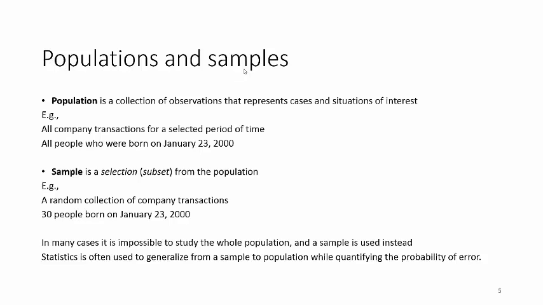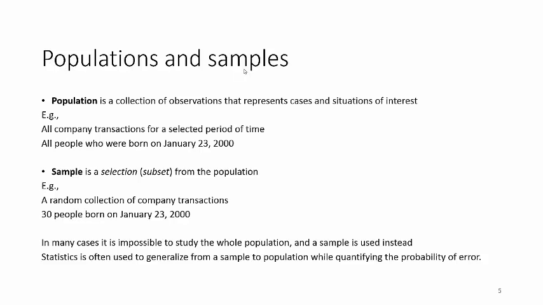So in general, the main difference between a population and a sample has to do with how observations are assigned to the data set. A population includes each element from the set of observations that can be made.